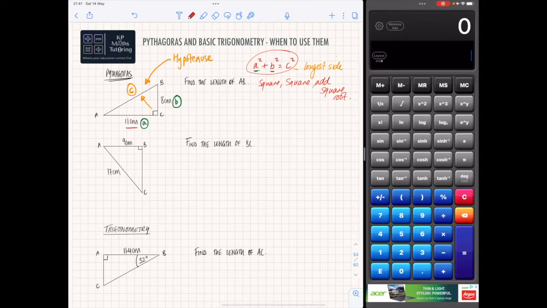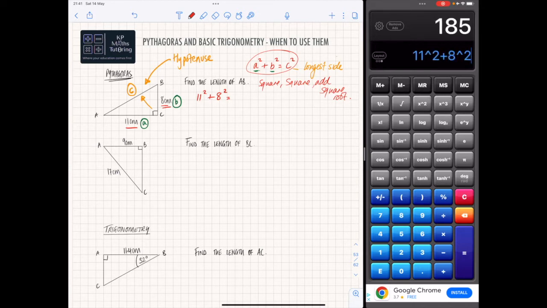So I'm saying a squared, which is 11 squared, plus b squared, which is 8 squared. I've got the calculator up here so you can see: 11 squared is 121, plus 8 squared, which is 64. Altogether that gives me 185.